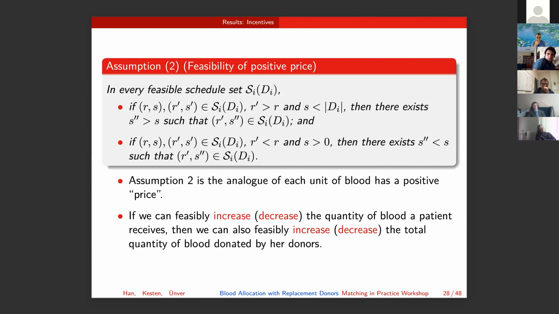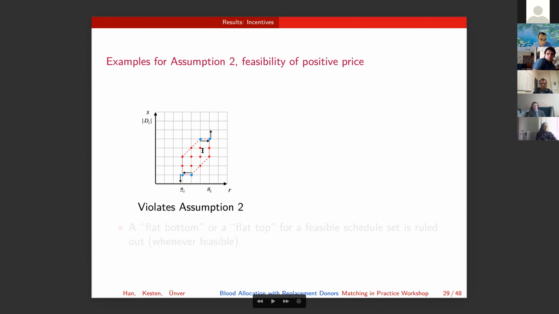And the second assumption is related to, so initially I thought Alexei was asking something similar. That's the reason I exactly didn't understand what he was asking. So I need some more regularity. What I will say is that basically there's a feasibility of a positive price. So what does this mean? Basically it means the following. Look at these top two blue points in the set, on the left, at the top.